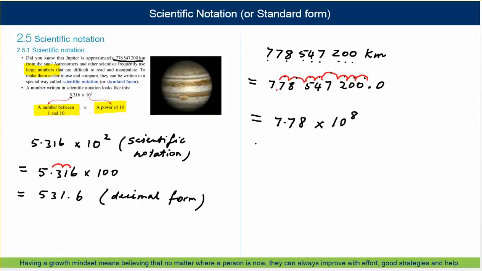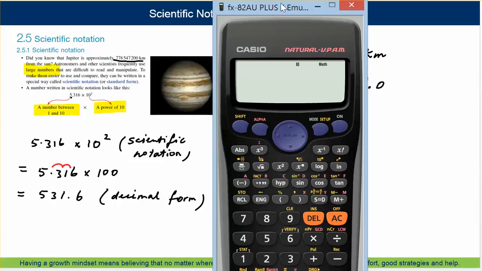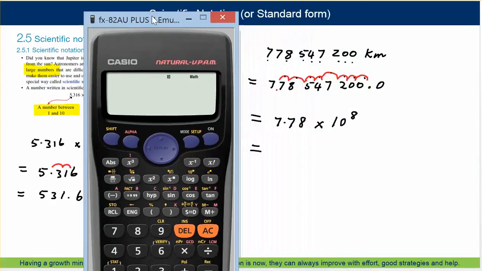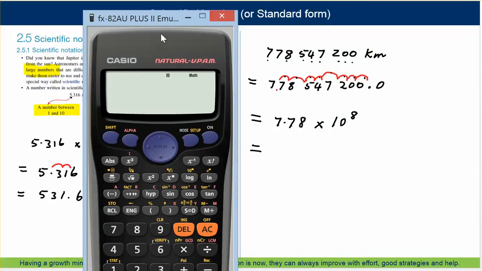If you get your calculator out and multiply 7.78 by 10 to the 8th, you would get back to the original number. Here's my calculator, so I'll show you. I'm going to use my keyboard to type the number in, times 10, and you can find your power key.